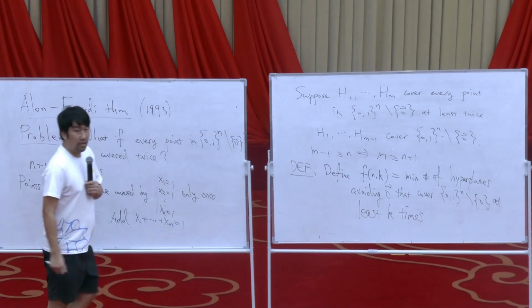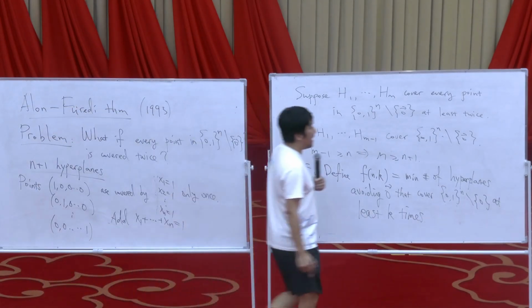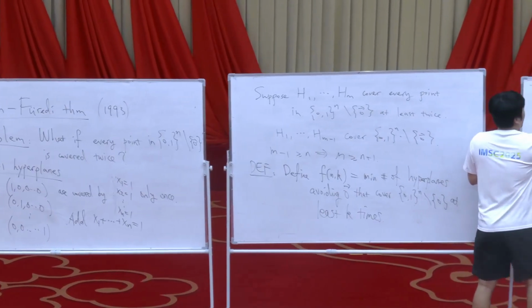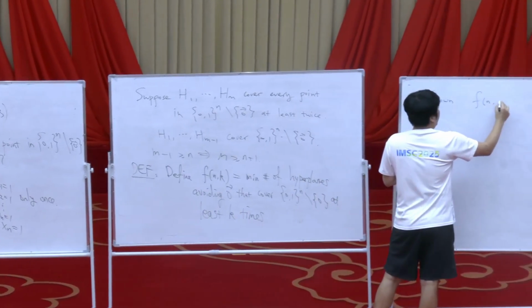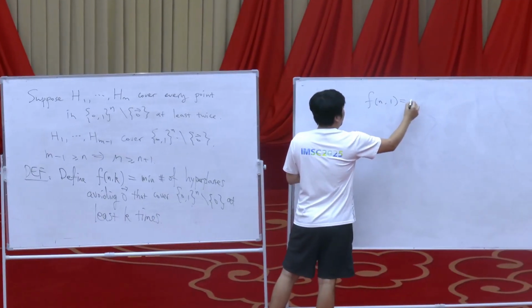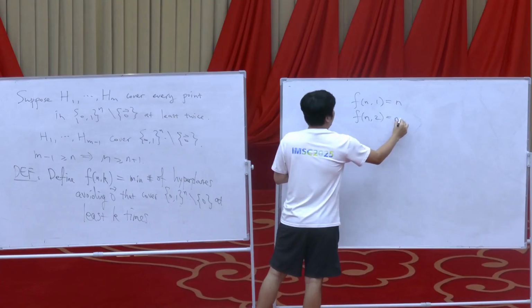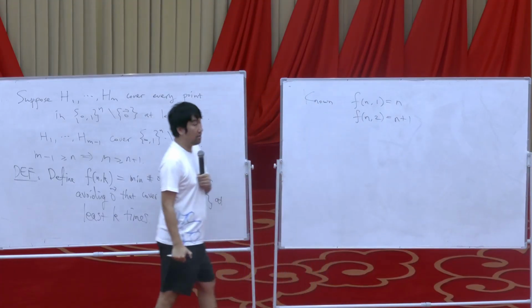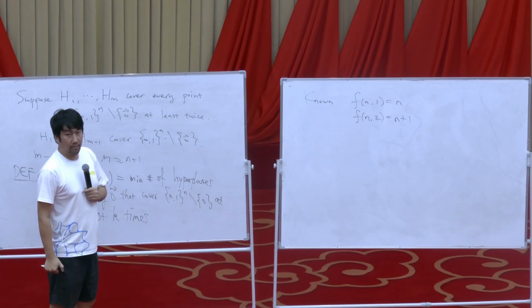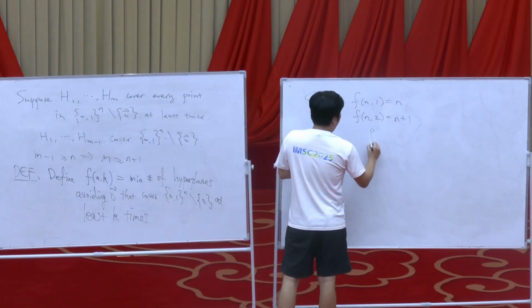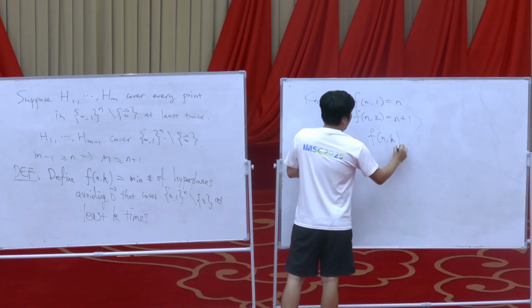Okay? And what we have shown is that f n 1 is equal to n, f n 2 is equal to n plus 1. Okay? What do you think we can say about f n k in general?